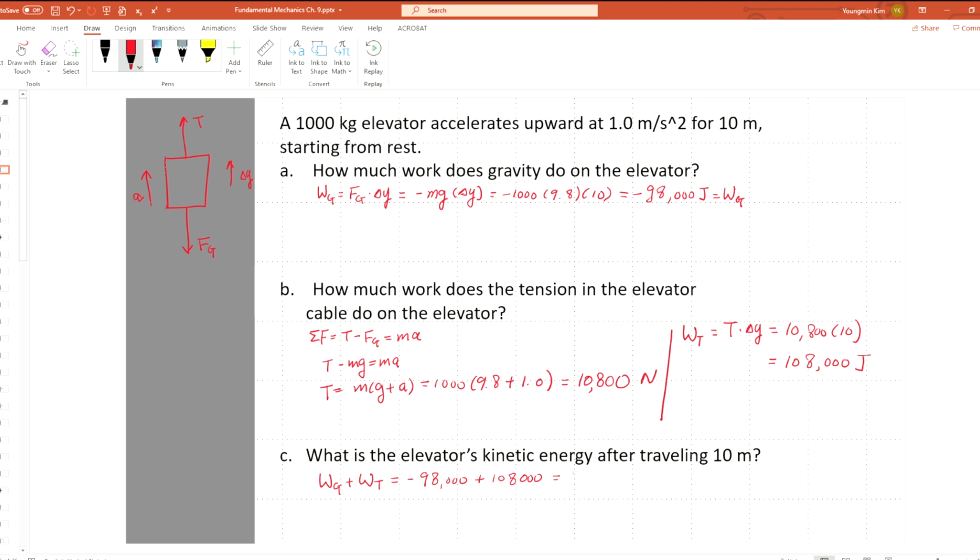That leaves you plus 10,000 joules, and that is the total work done by the combination of these two forces. And that we know is the change in kinetic energy, which is kinetic energy final minus kinetic energy initial. It starts from rest, so initially you had no velocity, so this goes away. So simply, you have 10,000 equals 1/2 m v final squared.